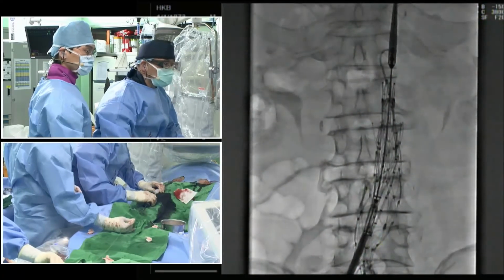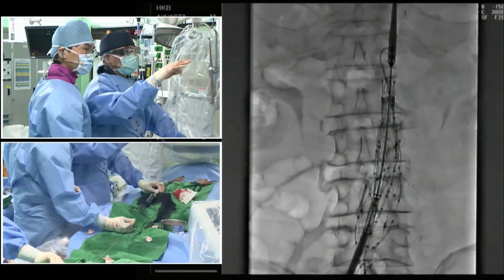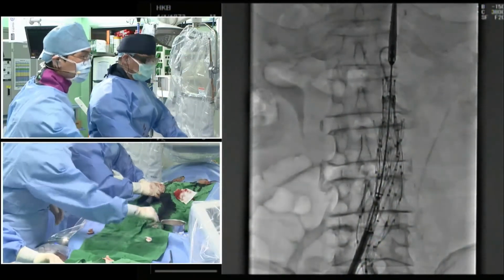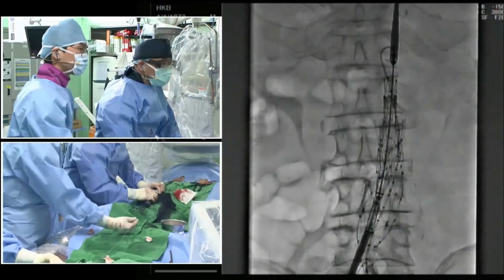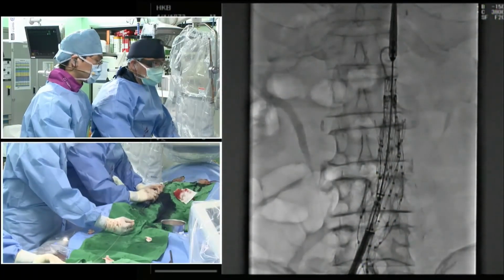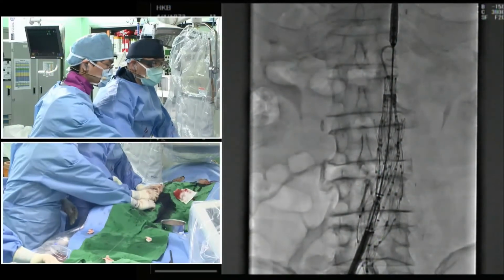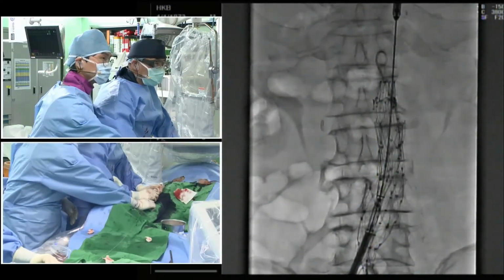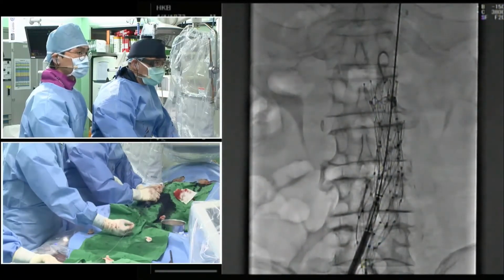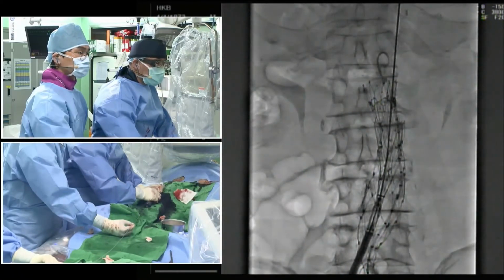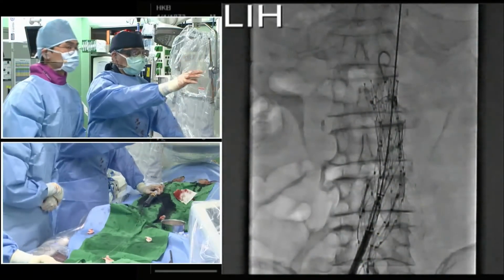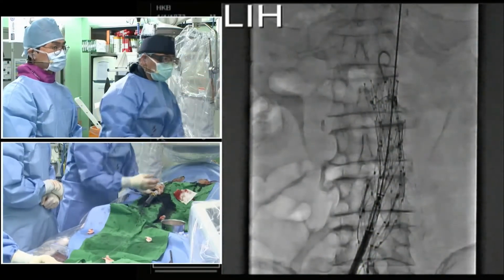Okay, here I will still have the graft level above the right renal artery, and then I will try to deploy the proximal part by rotating the deploy mechanism like this. Yeah, see the right side tilted down to go with the neck, which is good. Okay, but the distal part is still held by the delivery system.